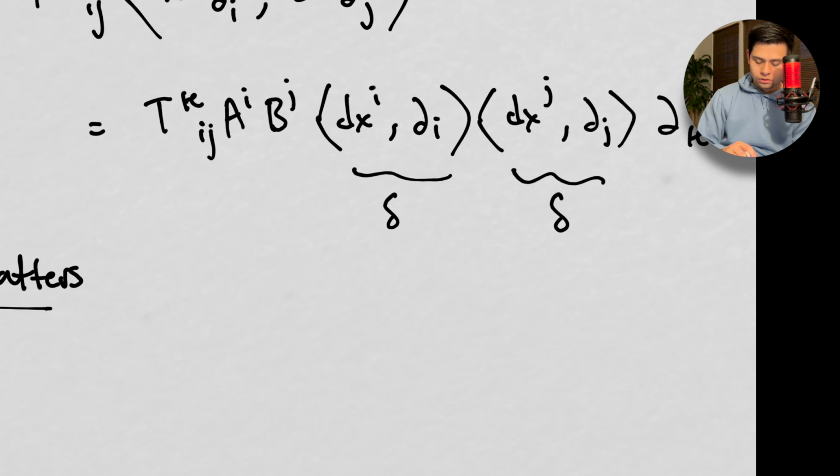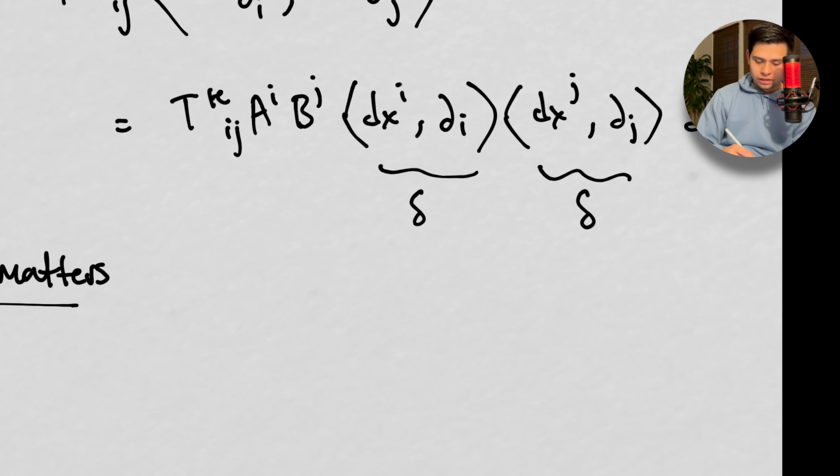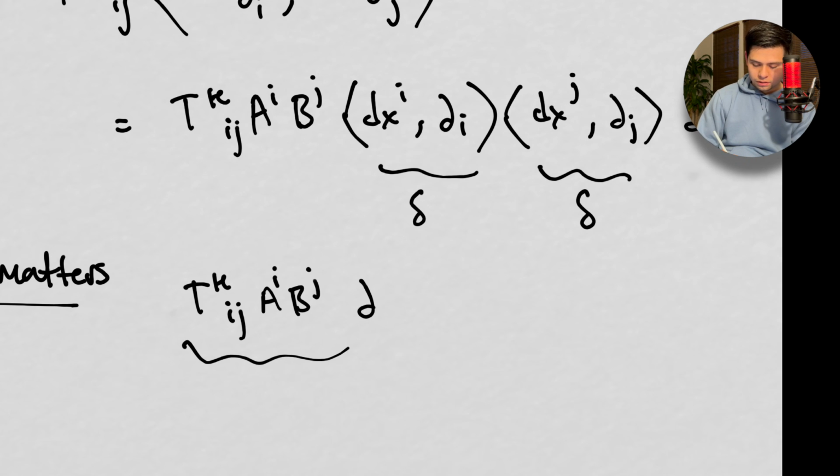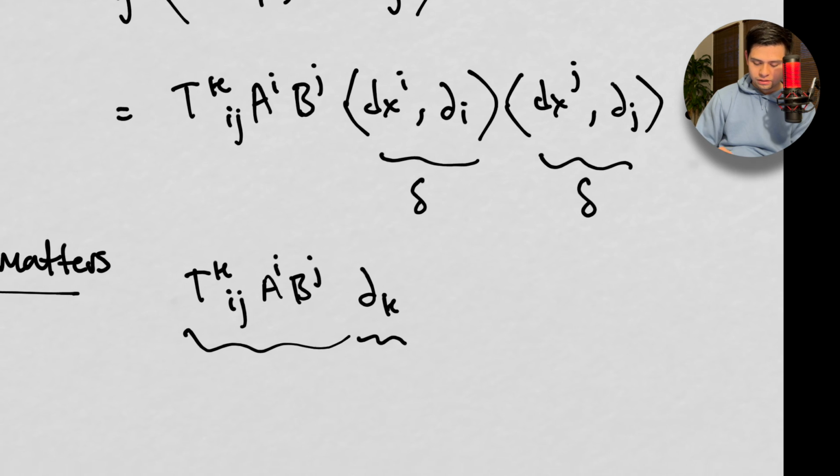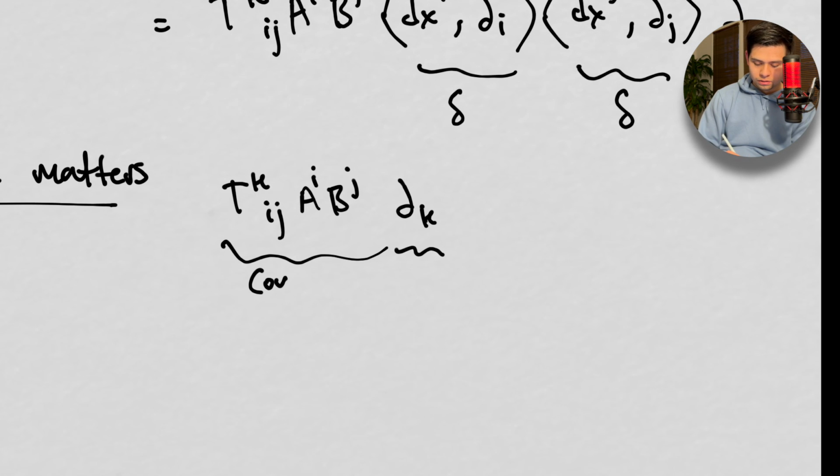All right, so that's just going to be T k i j a i b j. That's the basis, right? These are the components. This is the basis. We'll say the components are C, that's the new vector, C k d k.